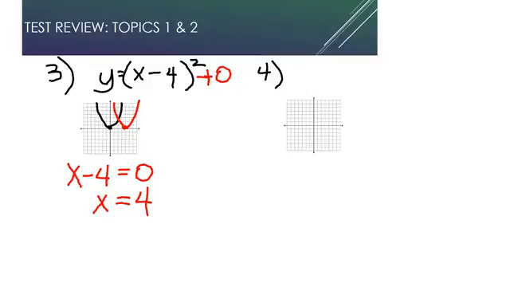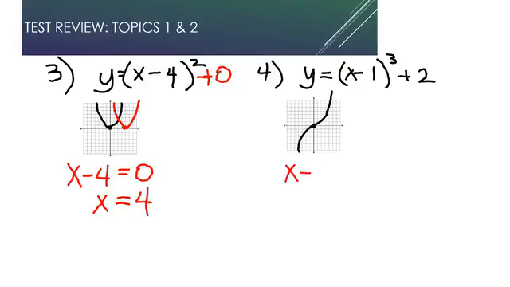Okay. For number 4, we have y equals x minus 1 cubed plus 2. The parent function is a cubic, so I'm going to go ahead and draw that real quick. And then we'll figure out which way we're going to shift it.